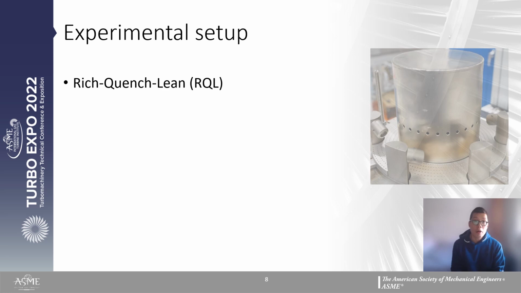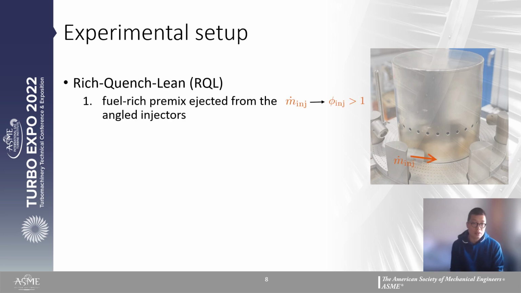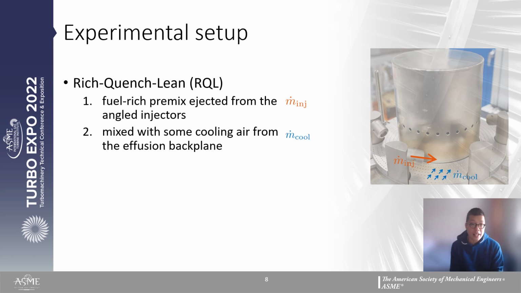Speaking of the RQL mode, the combustor works in the following way. A fuel rich premix is first ejected from the angled injectors. So the equivalence ratio of the flame exiting the injector is more than 1. Then it is rapidly mixed with the cooling air from the effusion backplane, and then quenched by a high air mass flow rate from the dilution ports.